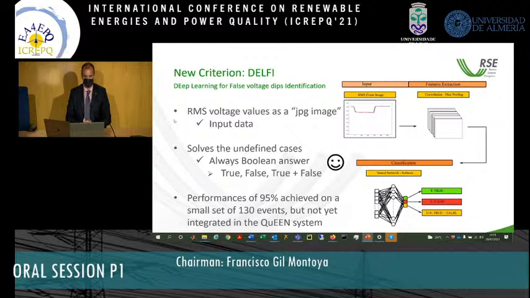We start from input data as RMS voltage values. We take the data, generate an image, and then pass it to the classifier that we developed.